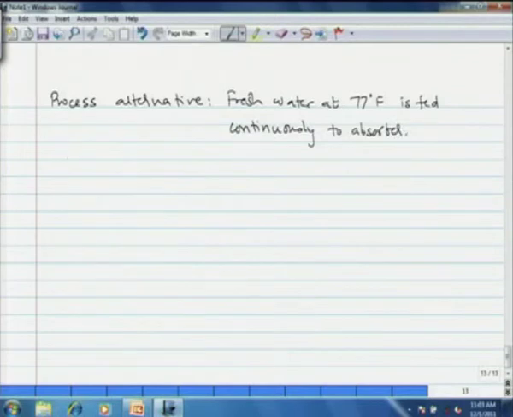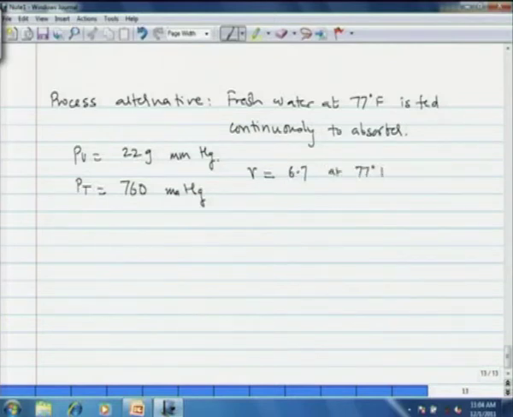Now, vapor pressure of acetone for such temperature is about 229 mm mercury. The total pressure is atmospheric, 760 mm mercury, and the activity coefficient gamma for acetone water system is 6.7 at 77 degrees Fahrenheit.